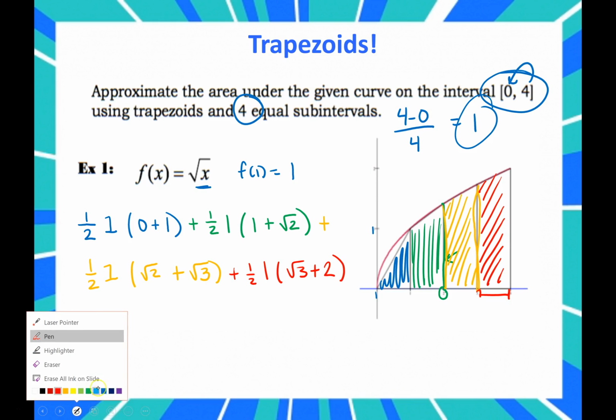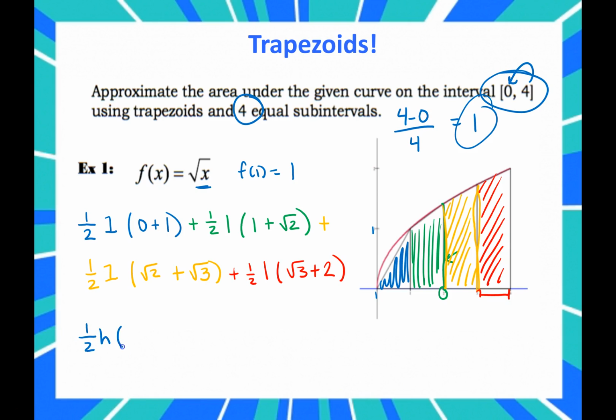Well, this ends up being 1/2 the height of f of 0, which is obviously 0, plus f of 1, okay, plus 1/2 the height of, now it's going to be f of 1 plus f of 2. Notice how in here I have the 1 here and then it repeats, just like f of 1, f of 1. Okay, let's keep going with this.